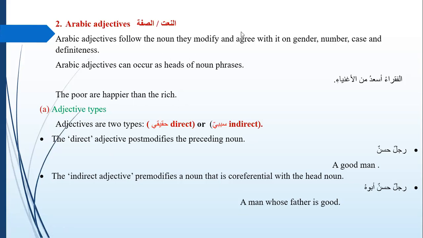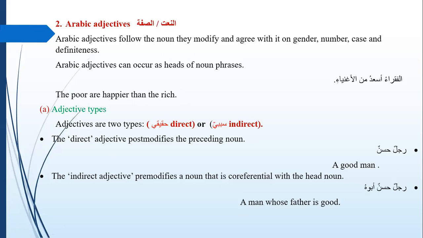Now, let's talk about adjective types in Arabic. There are two types of adjectives in Arabic. We have direct, سموها حقيقية, and سببي, indirect. إذا الصفات في اللغة العربية قد تكون سببية أو قد تكون حقيقية.